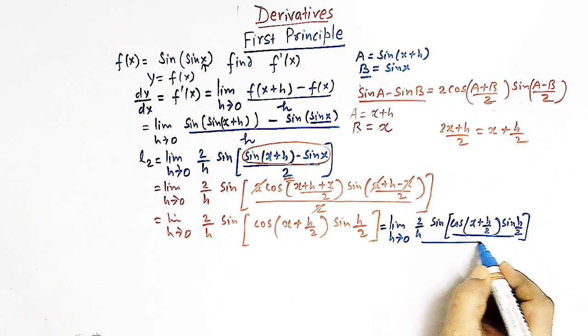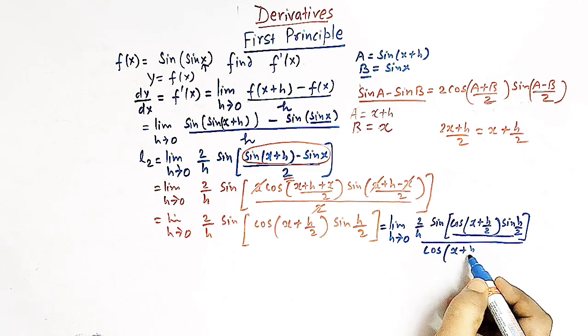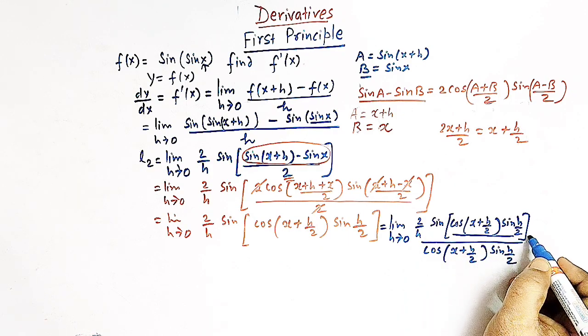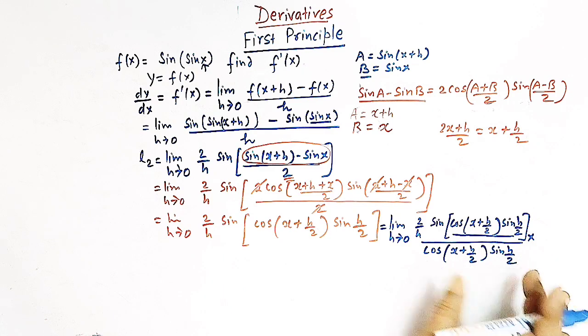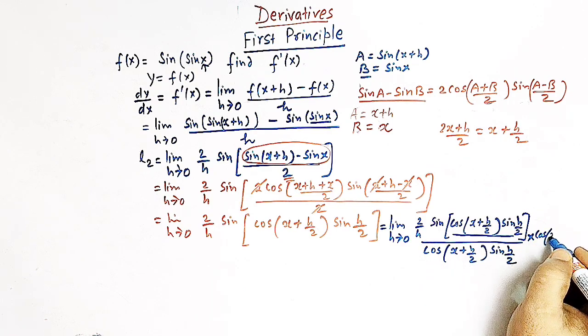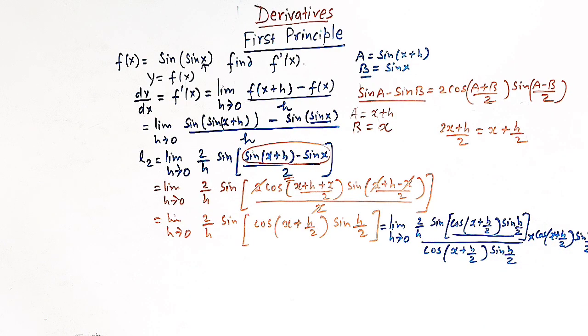We can now write here cos x plus h over 2 sine h over 2, and to cancel out this term we'll multiply here by cos x plus h over 2 and sine h over 2.